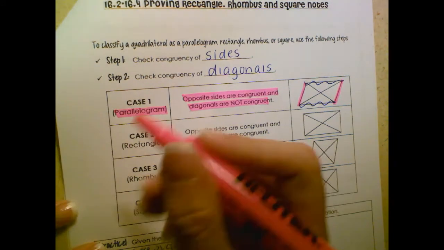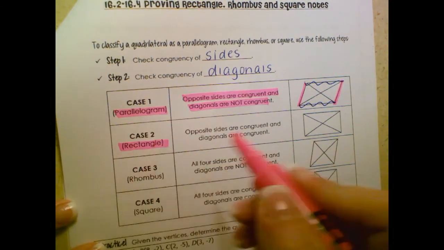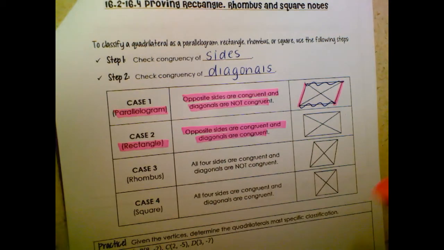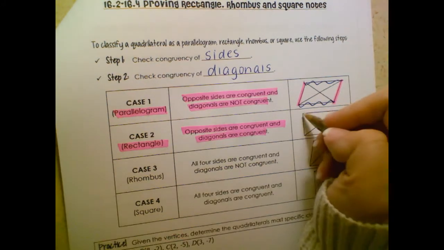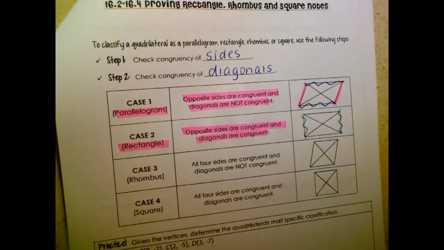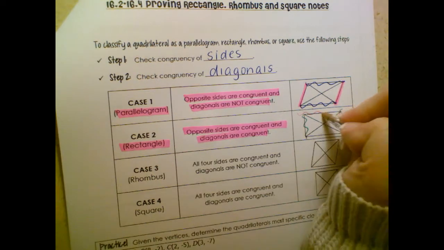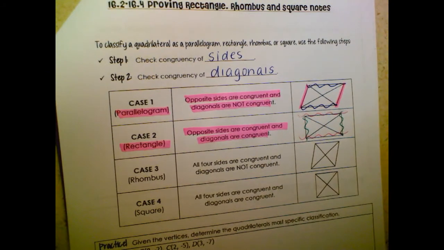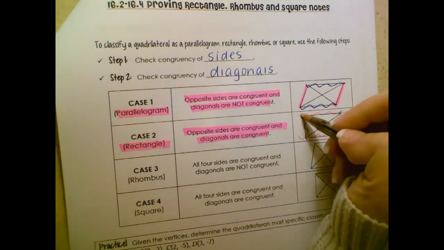For rectangles, opposite sides are congruent. The diagonals are also congruent. So if I look at this side, it is congruent to this one. This side is congruent to this one. And then my diagonals are congruent to each other.